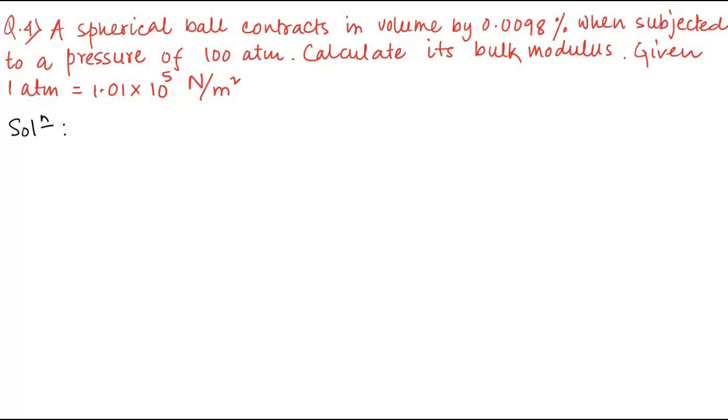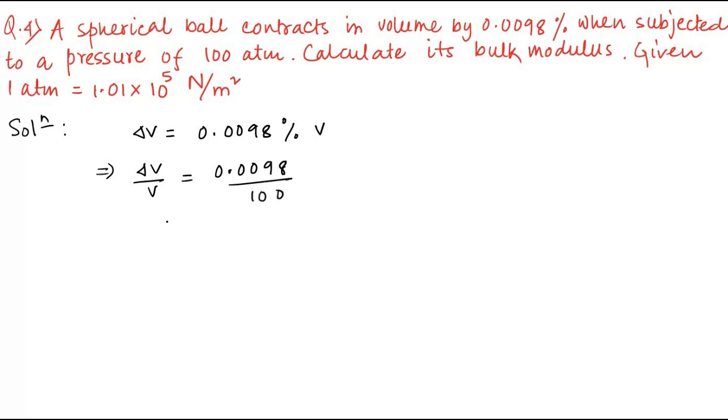That means the change in volume is equal to 0.0098 percentage of the original volume, which is V. That means delta V by V is equal to 0.0098 divided by 100, right?